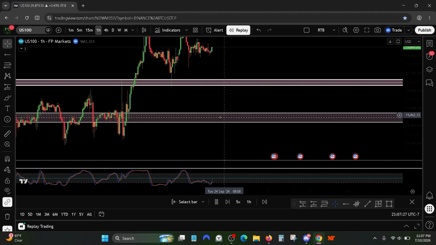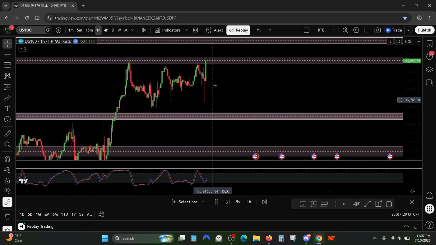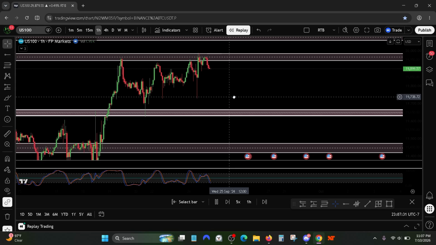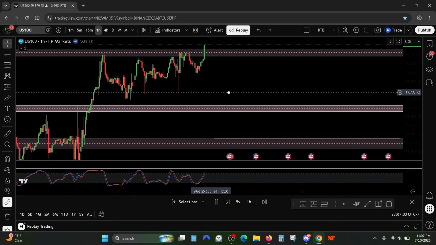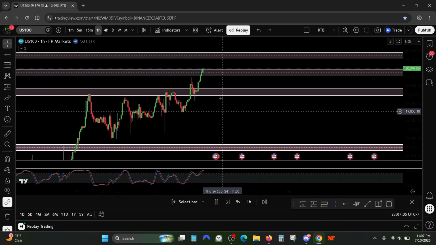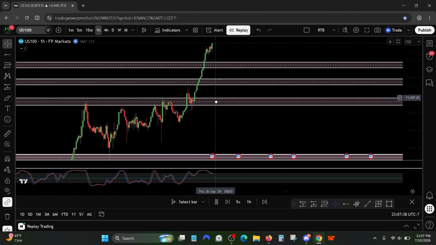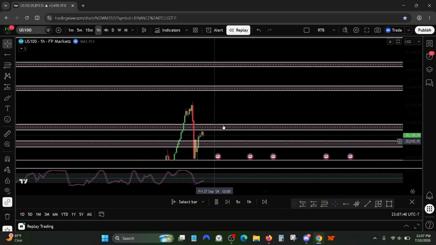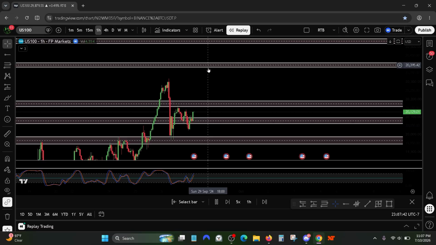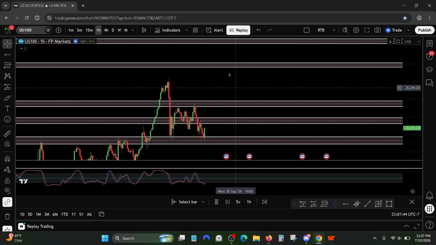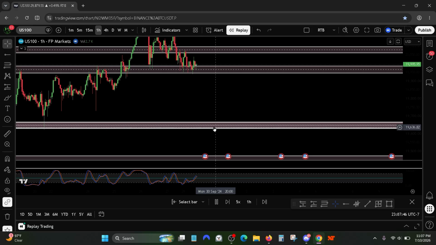And now I'd be looking more to this level for a buy again, unless it breaks this. Okay, so if it comes up above here, now I'd be looking for a retest to, yep, here. And if it breaks above this level, I'd be looking for a retest here. If not right here.